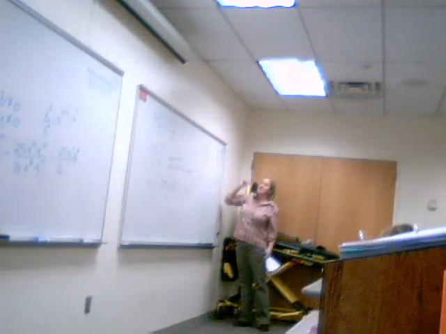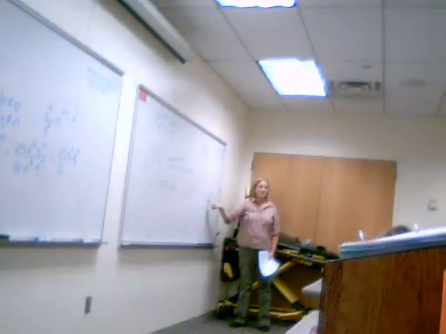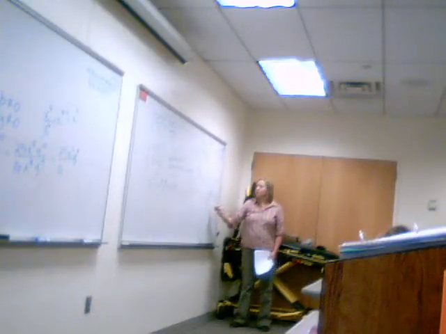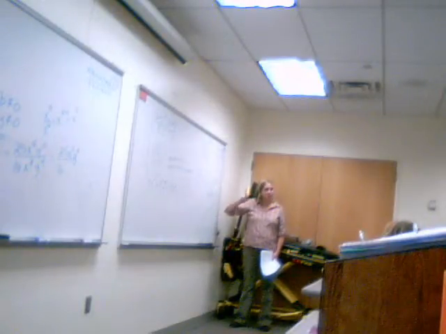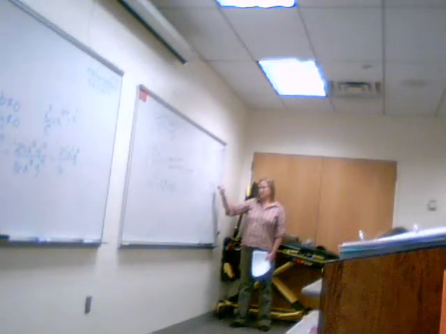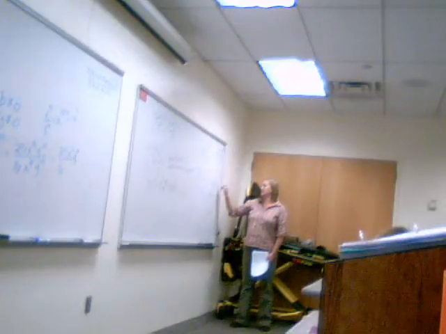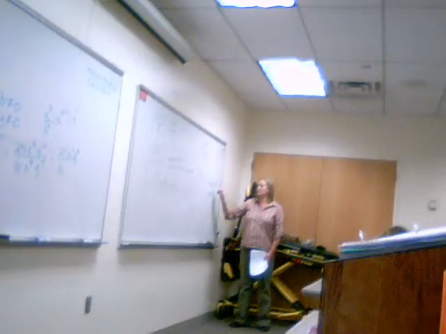It doesn't mean it's a negative number. It's different than a negative sticking out here. That just means it's a negative number. When you have a negative exponent, this means to flip, reciprocate. Okay, so a negative exponent means to take the reciprocal.